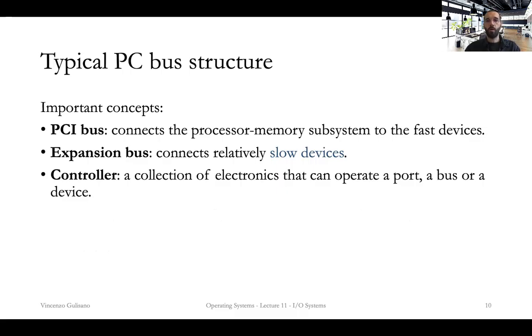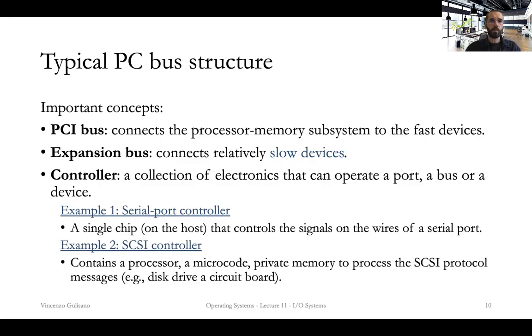We have controllers. So these are specific electronics that are actually operating a port or a bus or a device. You can basically think of them as microcomputers inside the computer that are there to do the translation between two different types of devices or two different types of communication between devices.